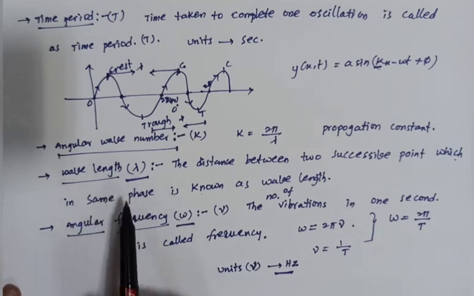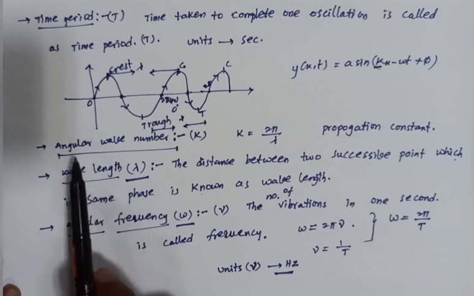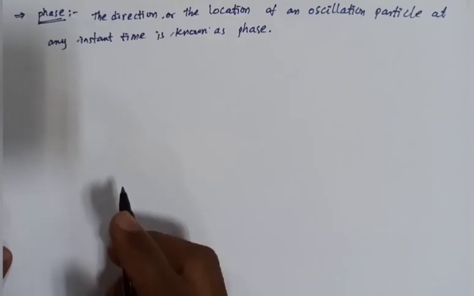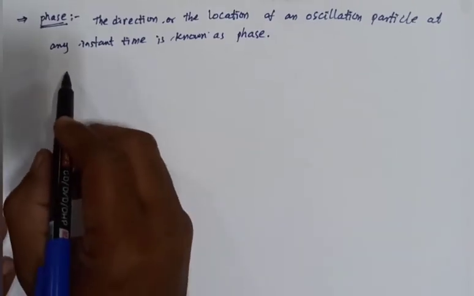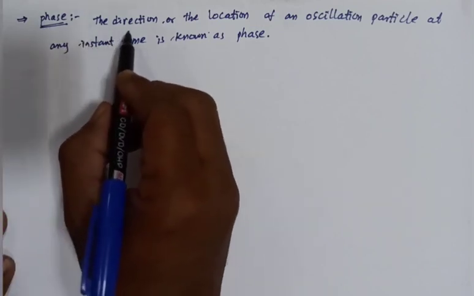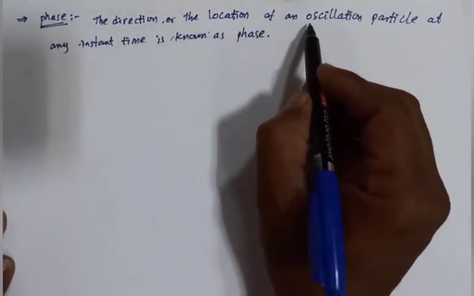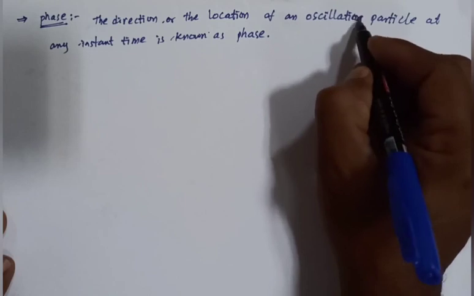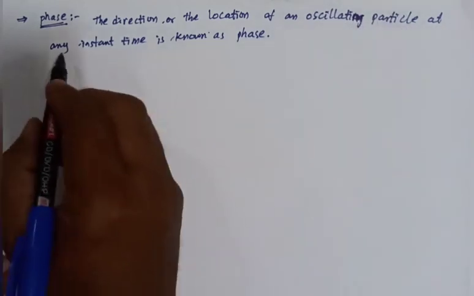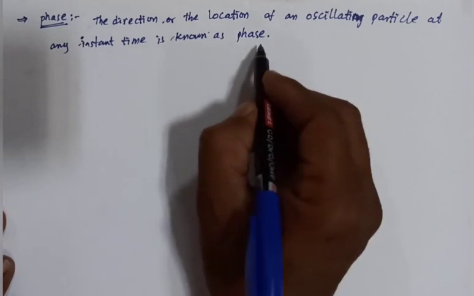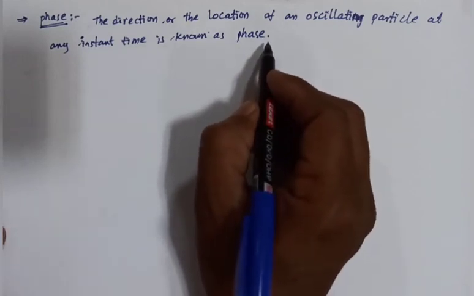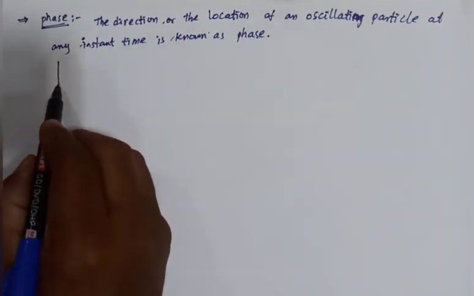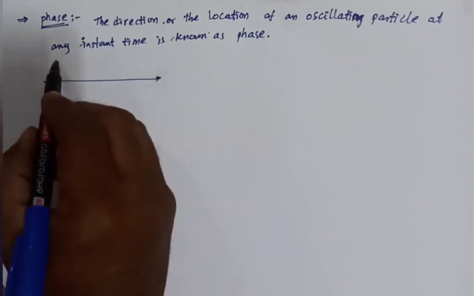The parameters are amplitude, time period, angular wave number, wavelength, angular frequency. Okay, the next parameter is phase. The direction or the location of an oscillating particle at any instant of time is known as phase. For example, we have taken a transverse wave.